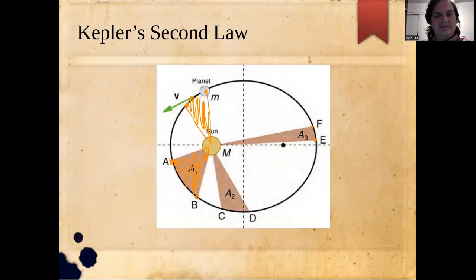So you have an equal area to what you've gone over when you were closer but faster, as when you're farther out but slower.